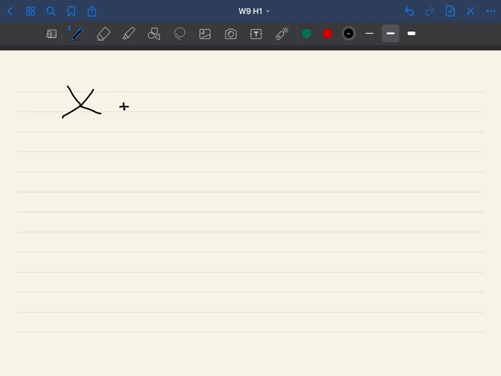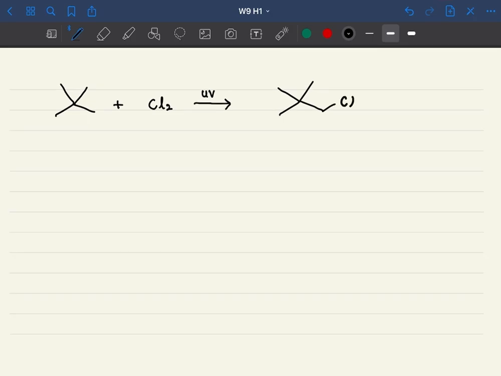So this compound is going to react with Cl2 in the presence of UV to give only one product. This Cl can be substituted at one of the hydrogens attached to this carbon. Initially, we have H here. We are going to substitute this H with the Cl by using free radical substitution.